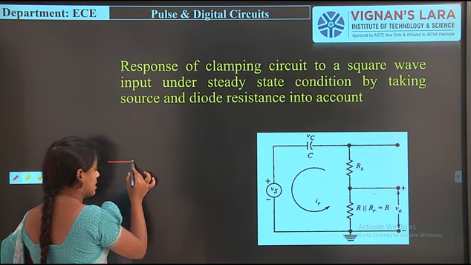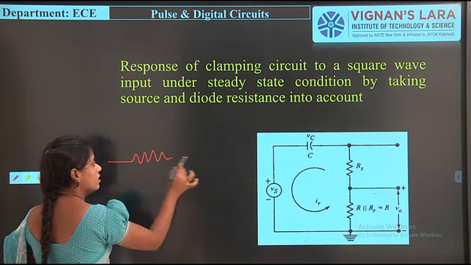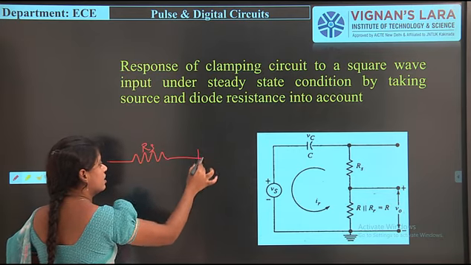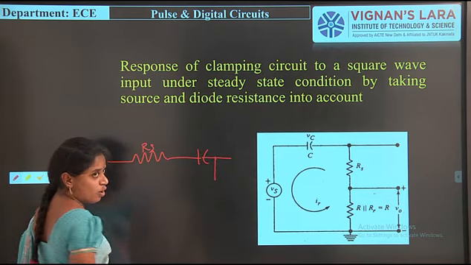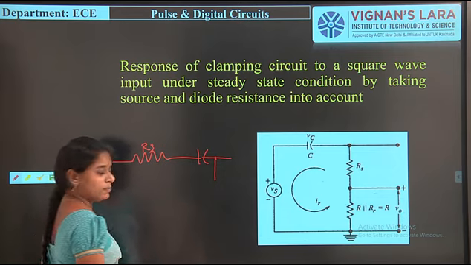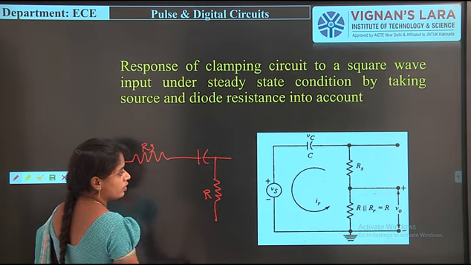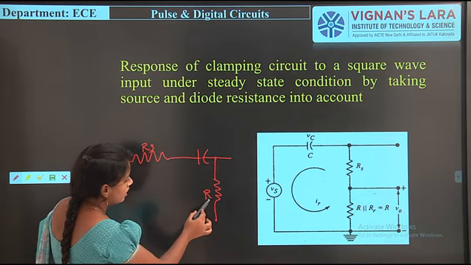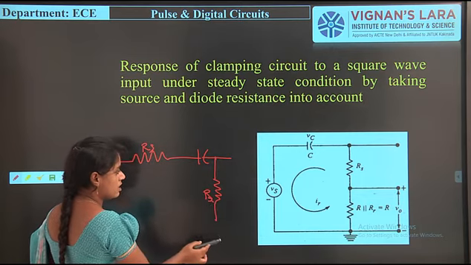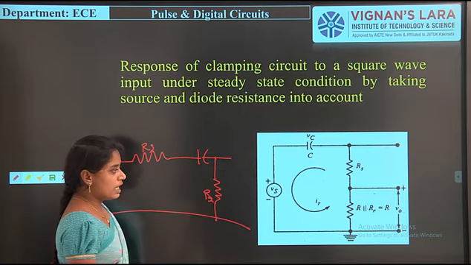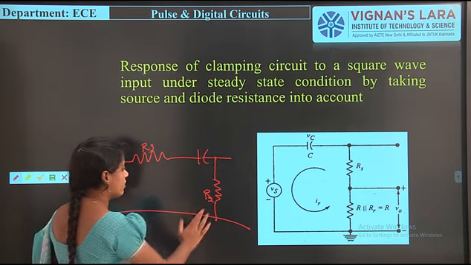Here we have RS and the capacitor, and the diode is in off condition, so we don't represent RF here; instead we have RR, the reverse resistance.